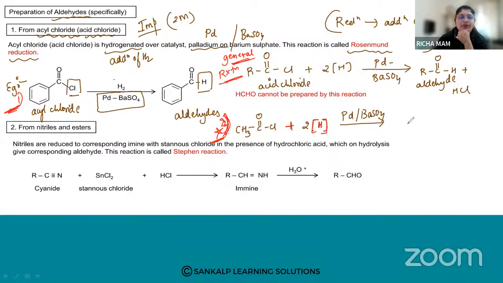What will be the product? Here your Cl is replaced by H, so here also it will be the same. It will be CH3, C double bond O, H plus HCl.